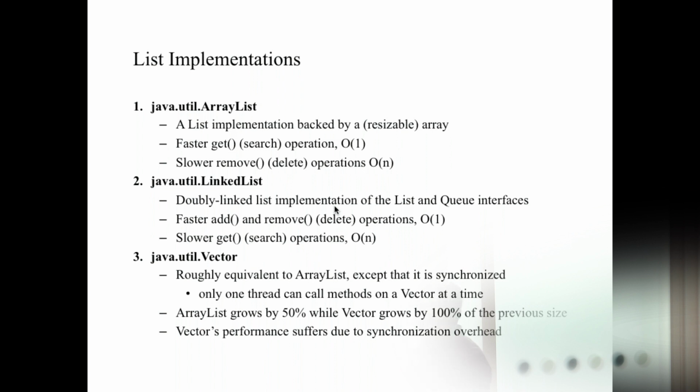And the Vector: sometimes we use Vector because it's synchronized. What does synchronized mean? If you have multiple threads in your application, it doesn't allow more than one thread to access the elements at the same time.